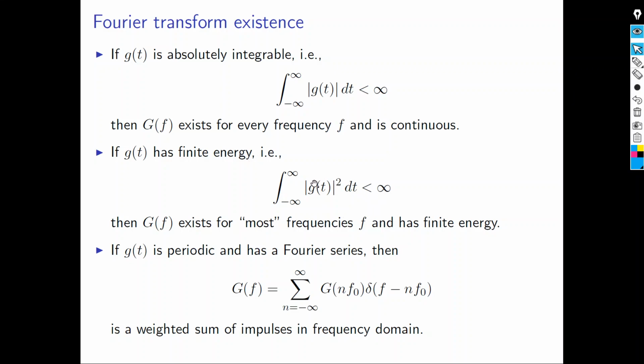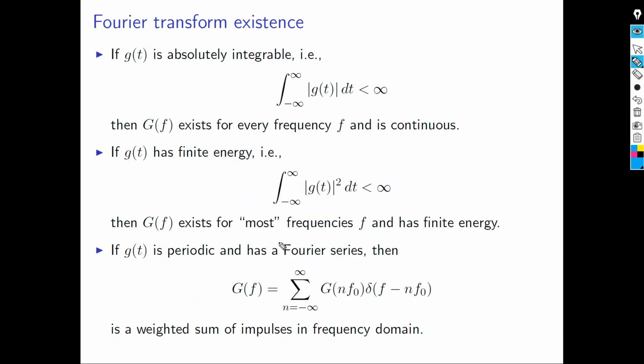How do you determine the energy and make sure that it's finite? You calculate this integration. If it is below infinity, then it's finite. If it is finite, then you have a Fourier transform. Then G of f exists for most frequencies f and has finite energy.